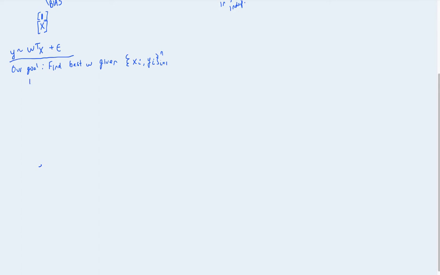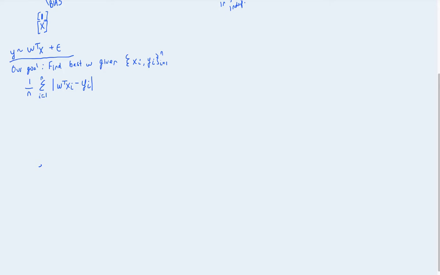to take the mean over all the data points of the absolute value of the error. So your prediction minus the true value, yi.